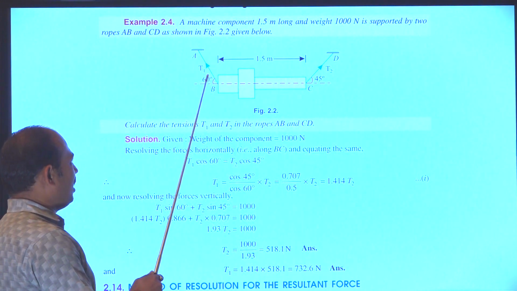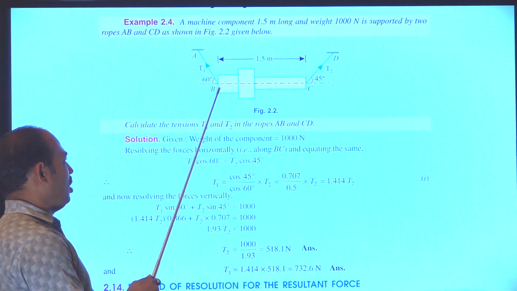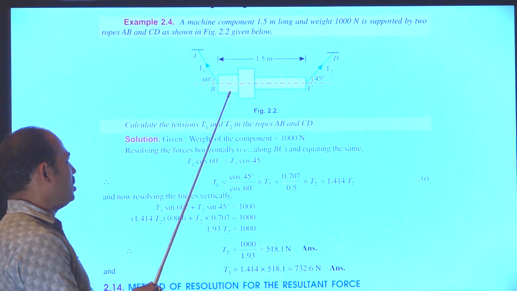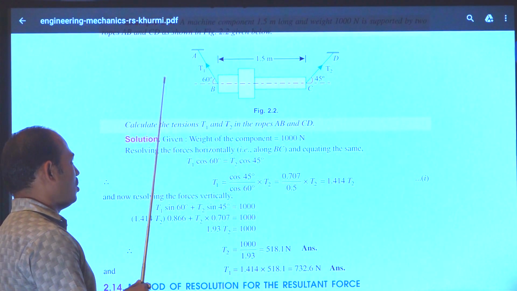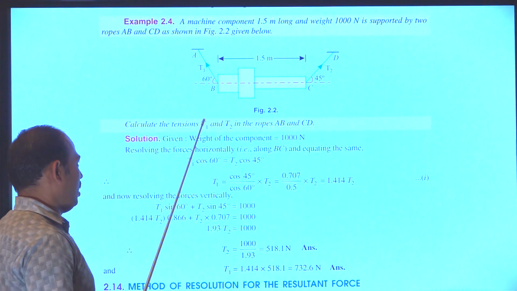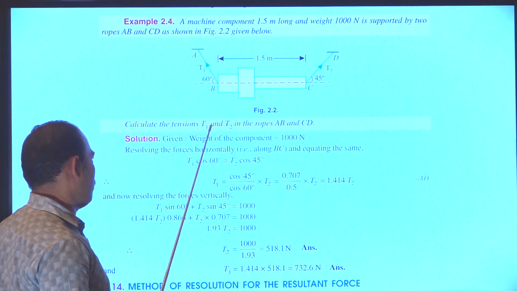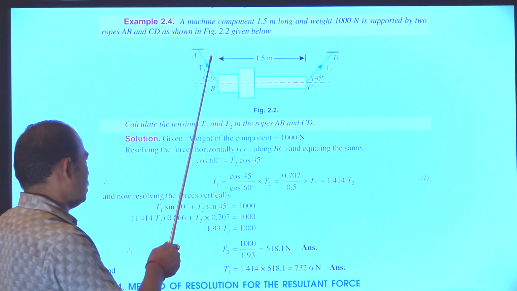Similarly, T1, with an angle of 60 degree, is resolved horizontally as T1 sin 60 degree and vertically as T1 cos 60 degree.